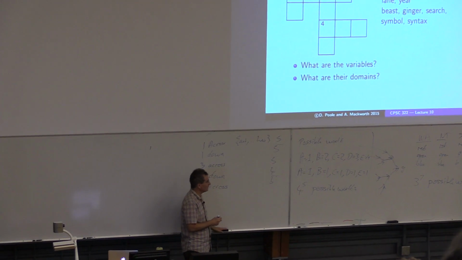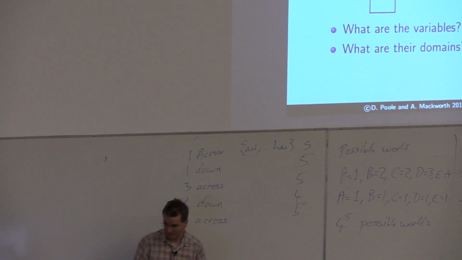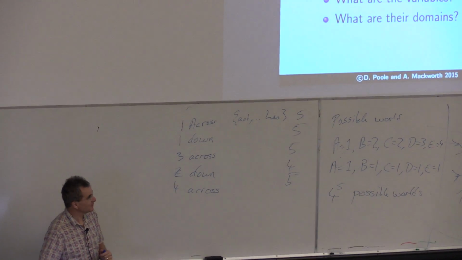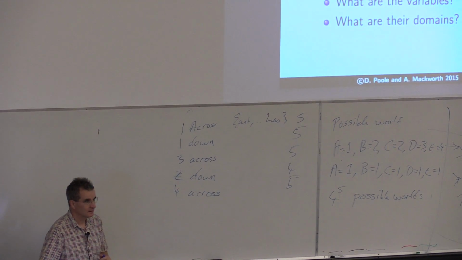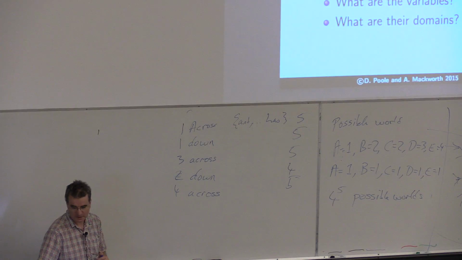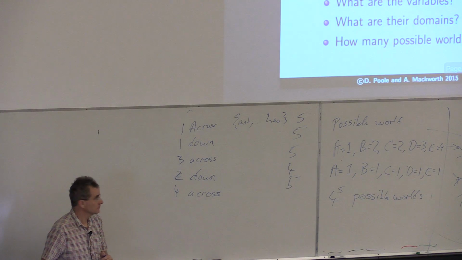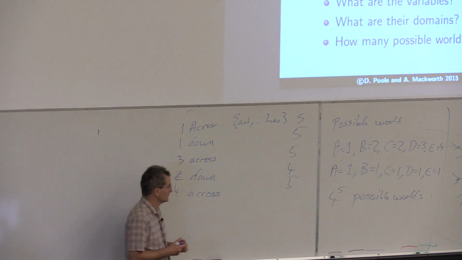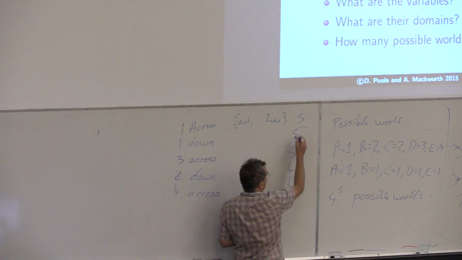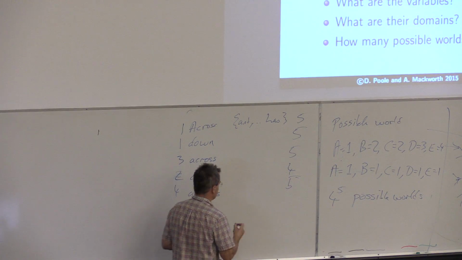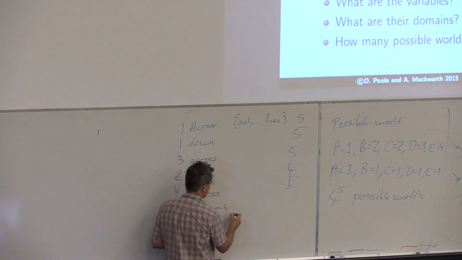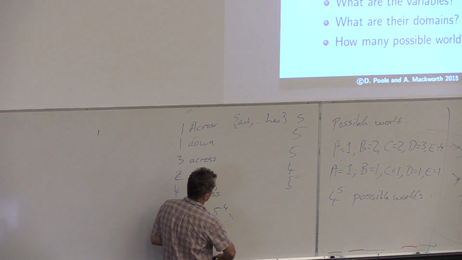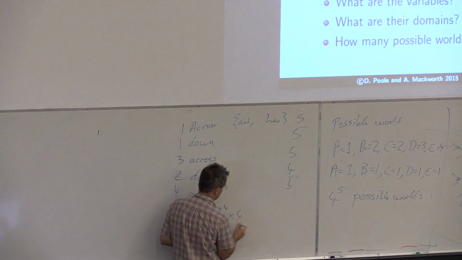So how many possible worlds are there? I didn't think they were all the 5s, but how many possible worlds are there? Yes, so there's 5 times 5 times 5 times 4 times 5. So there's 5 to the 5th. Sorry, 5 to the 4th times 4.